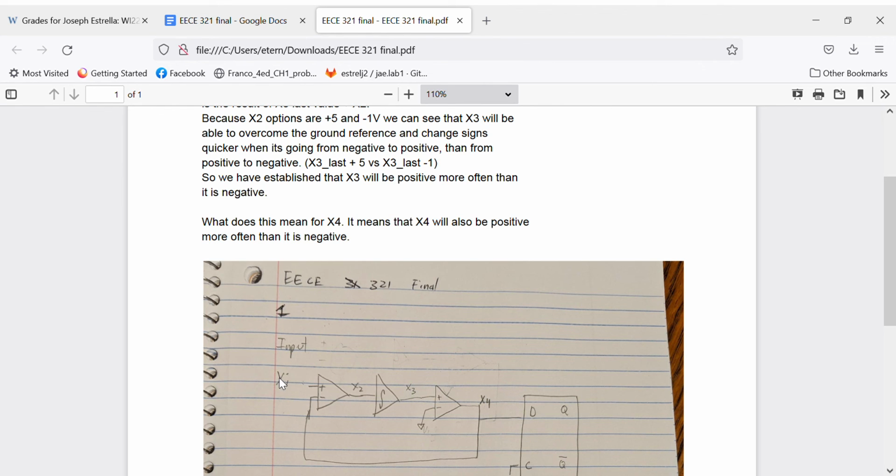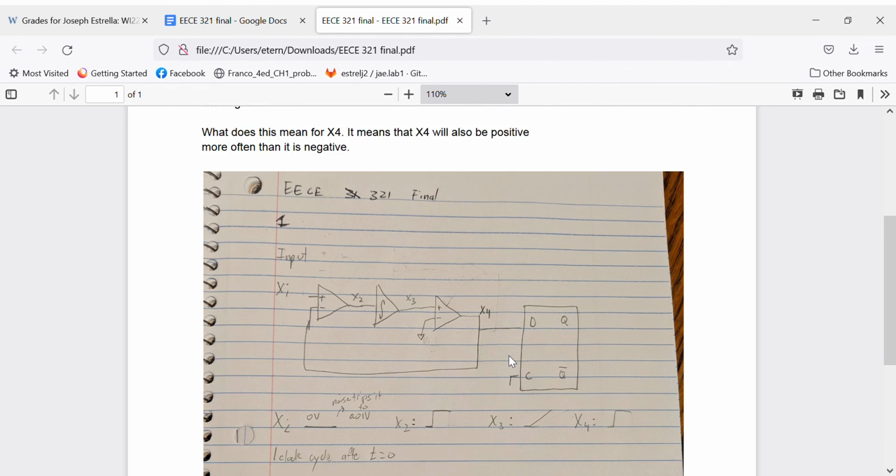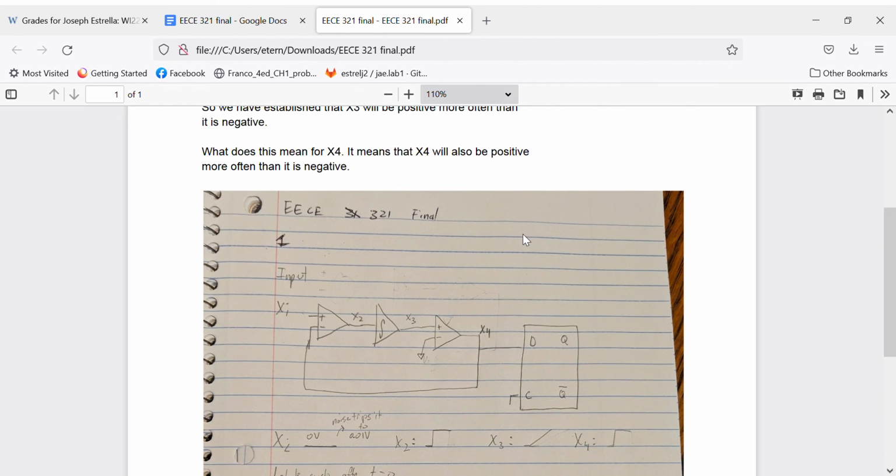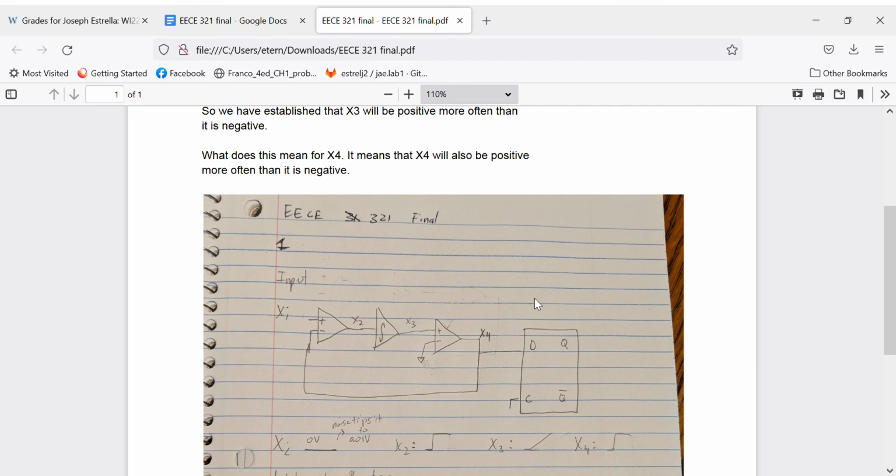That means that when x in is less than 0, x4 is going to spend more time as a negative number. So we're going to have more logic lows than logic highs, which means our duty cycle is going to be less than 50%.